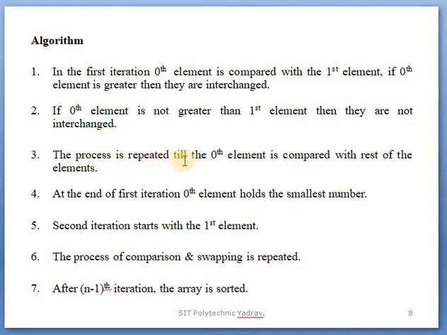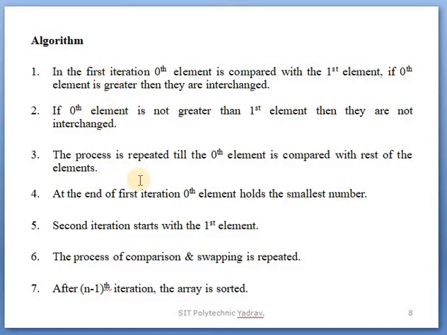The process is repeated until the 0th element is compared with the rest of the elements. At the end of the first iteration, the 0th element holds the smallest number.